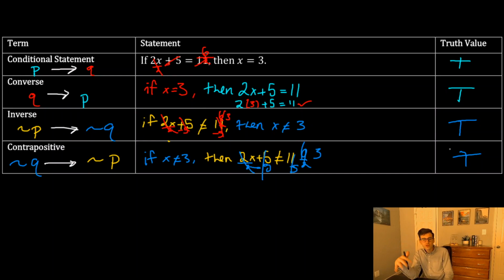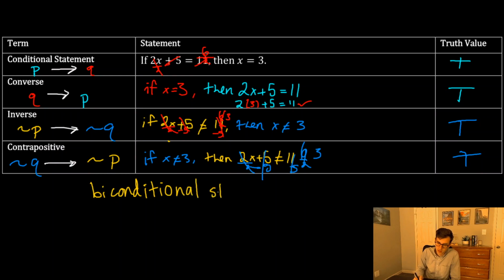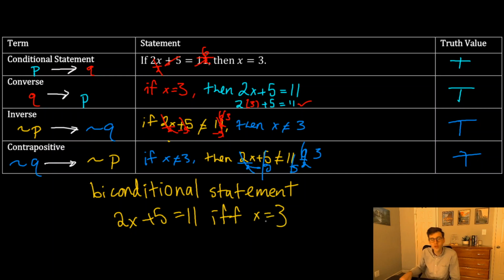Okay, so all of these are true. So then what type of statement is this? Well, it's a biconditional statement. Every single algebra problem that you've ever done is a biconditional statement, because you could say 2x plus 5 equals 11 if and only if x is 3. It only works for that one value. There's only one solution.